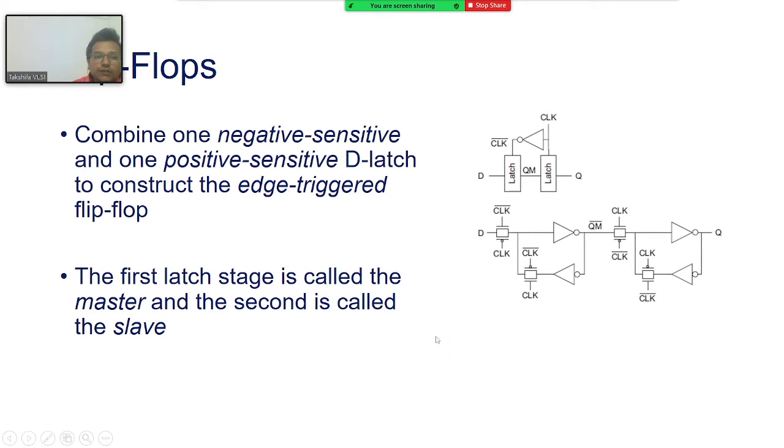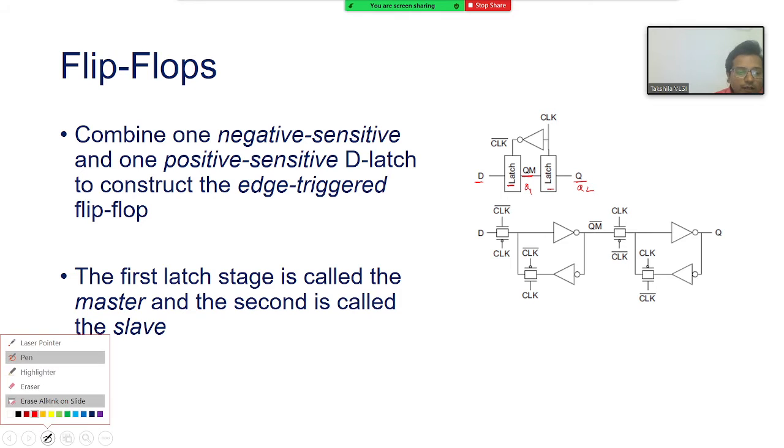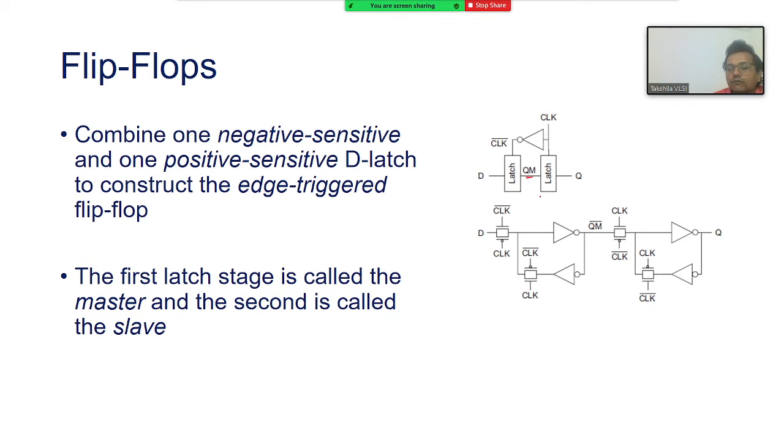Now once we understood the basic operation of latch, can we then use two latches? For example, latch 1 and latch 2. I have a data input here, and the output of the latch 1 is called as QM, and the output of the second latch is called as Q. I can also call it Q1 and Q2, but just for simplicity I am calling QM the output of first latch and Q the output of second latch.